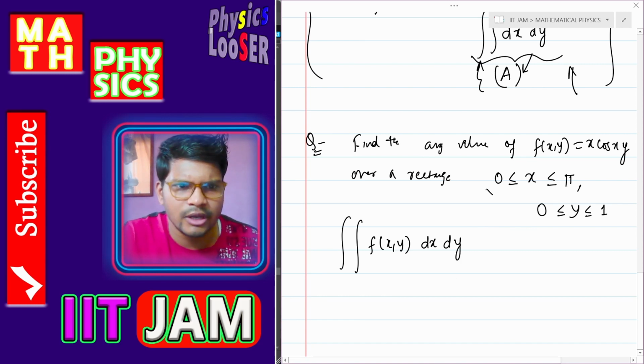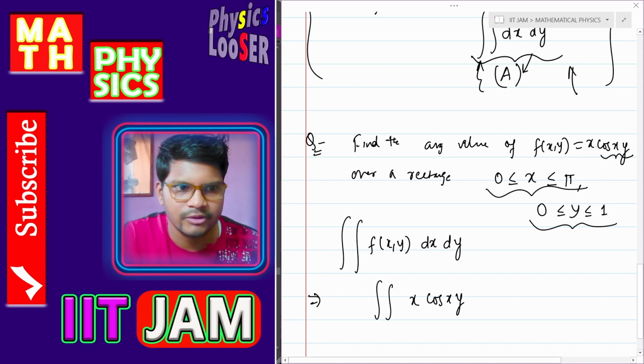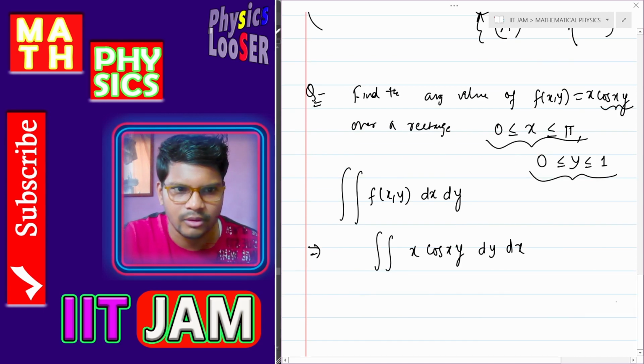Okay, and now since you can already see that these integrals are not depending on the order, I can simply write x cos xy. Now since cos is depending on xy, and it is also multiplied by x, what I can do is that instead of choosing dx to be the first variable, I'm going to choose dy, and then I'm going to do dx.